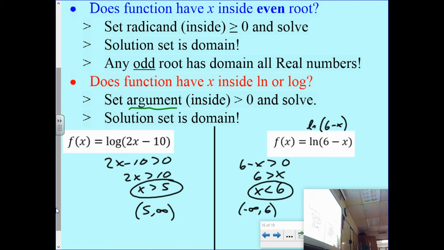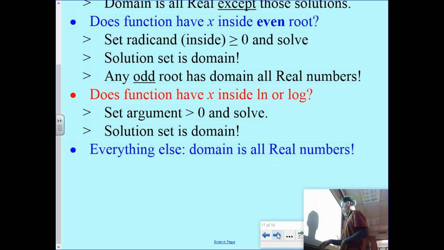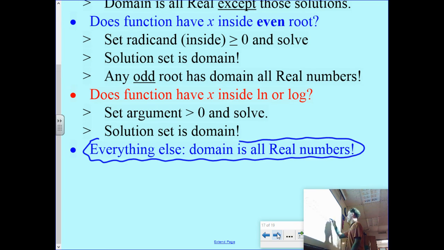Okay, folks, that's it. If you do not see a fraction or an even radical or a log, the domain is automatically all real numbers. Everything else is all real numbers.